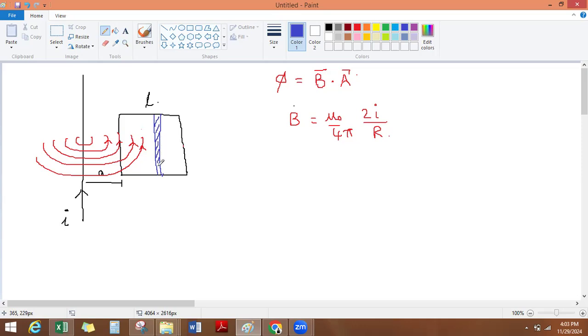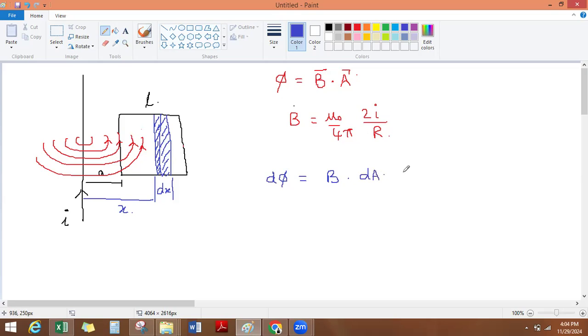So take a small region and we are going to call this location X. So the small magnetic flux in this region, small magnetic flux d phi is equal to B dot dA.